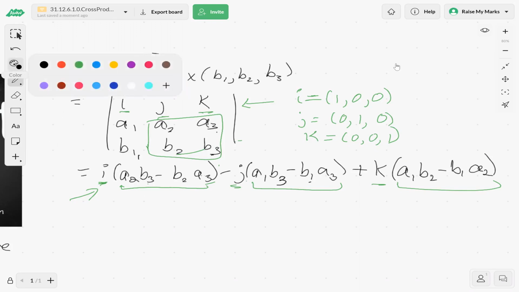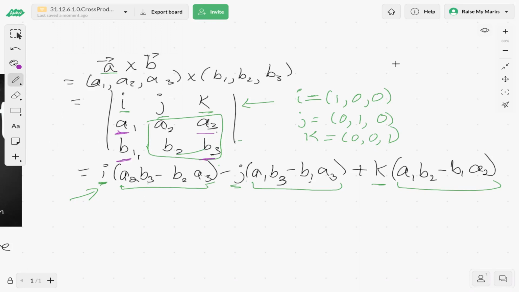Let's use a different color for that, purple. A1 times B3 minus B1 times A3, that's what we have here. Finally, the coefficient of k is A1 times B2 minus B1 times A2. We'll use yet another color, and we're dealing with this yellow box right here.